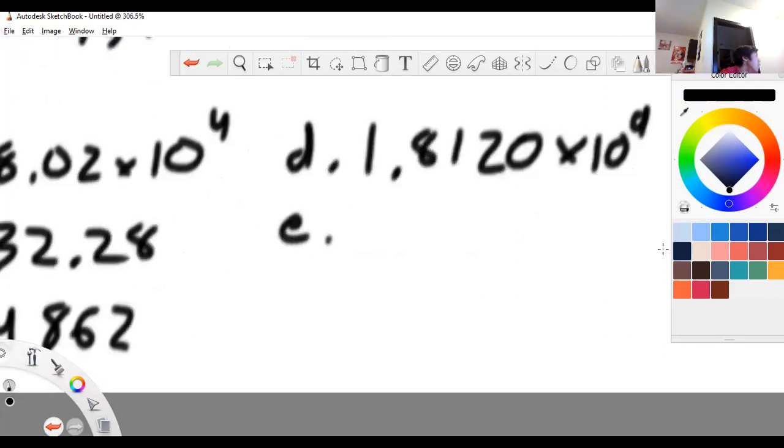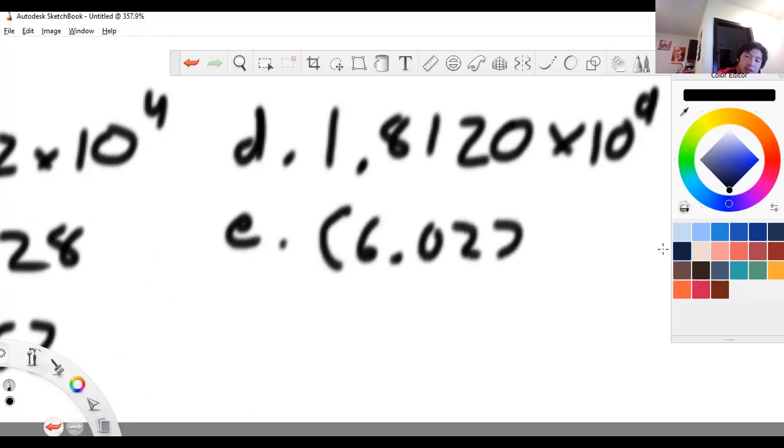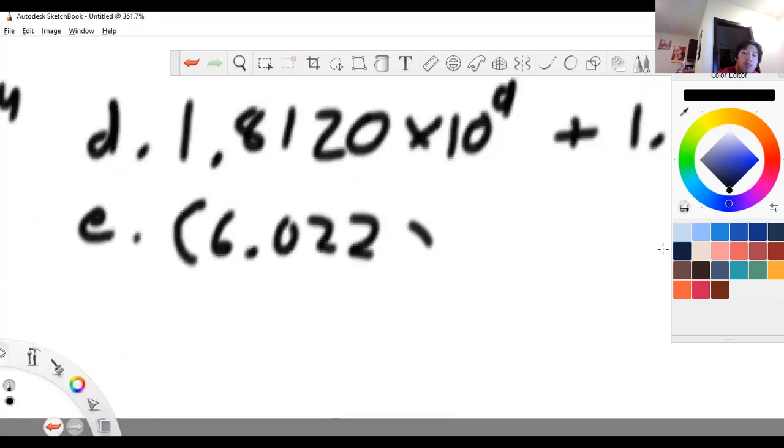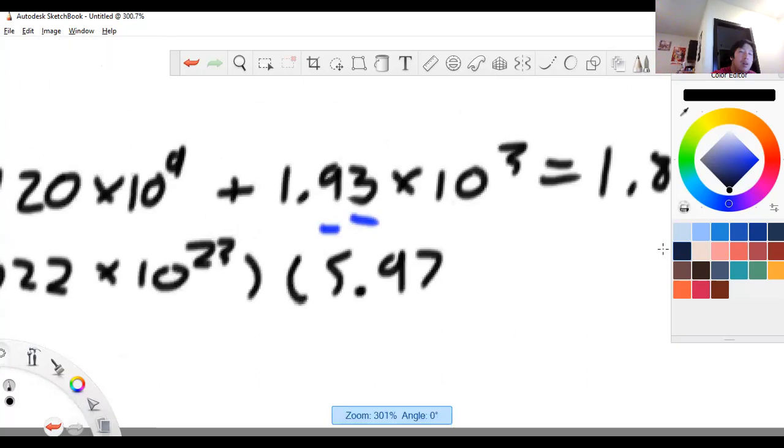Then E, 6.022 times 10 to the 23rd. Somebody's dealing with moles here. Times 5.97 times 10 to the negative 5th.